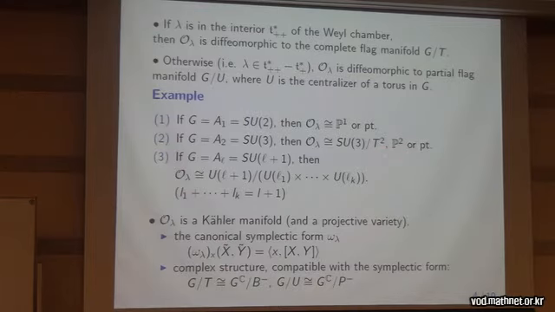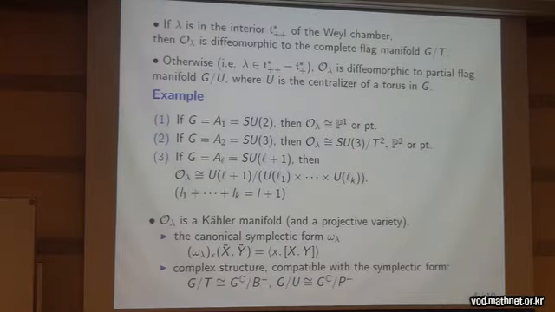In general, if G is of type A_L, then coadjoint orbits are identified with a homogeneous space like this: SU(L+1) over this subgroup, the product of sub-unitary groups, which include projective spaces, Grassmannians, and so on. It is very well known that O_lambda is a Kähler manifold, and actually a projective variety.